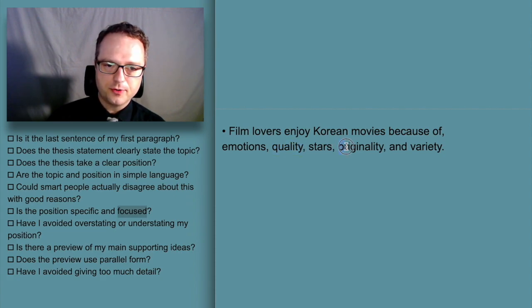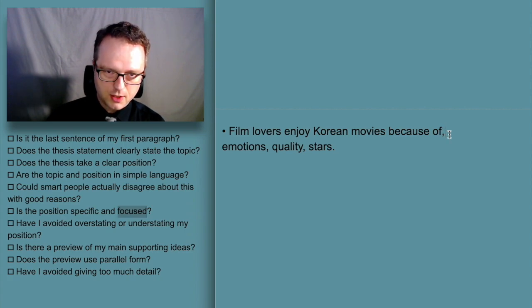So I think I'm going to put originality and variety into my quality paragraph. And in my quality paragraph, I will also talk about originality and variety. And now we have 3 supporting ideas: emotions, quality, and stars.